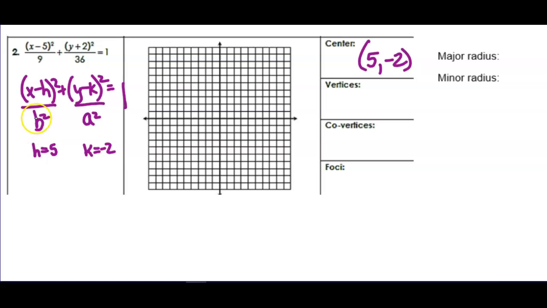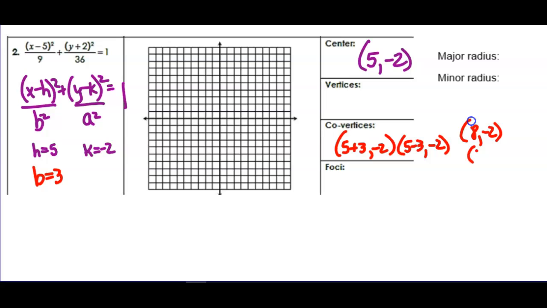All right, then b squared is 9, so b is 3. So we go out 3 each way in the x direction. Now that's the smaller one, so that's going to be the co-vertices. So that's going to be 5 plus 3 and 5 minus 3. Because it's in the shorter direction, so we get 8, -2, and 2, -2.